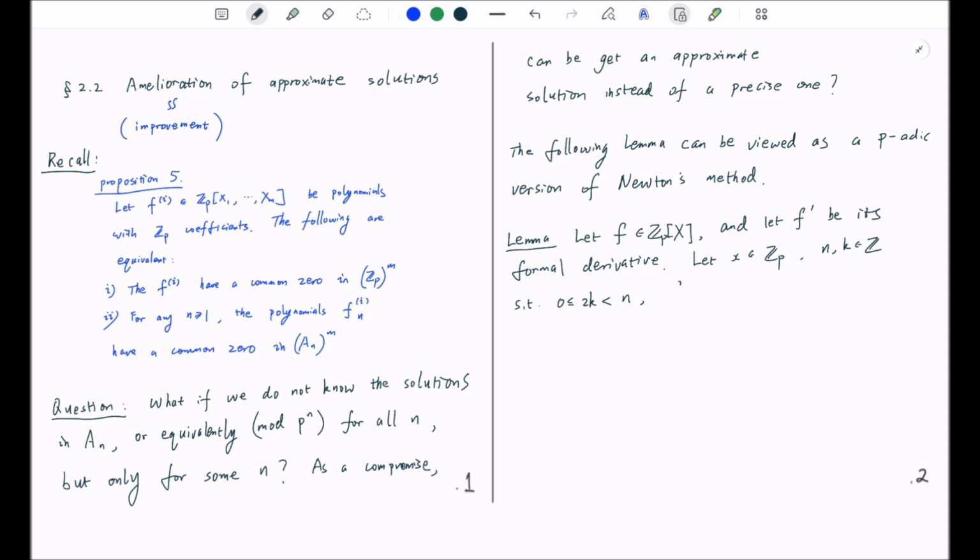and that f of x is congruent to 0 modulo p^n, and that the p-adic valuation of f prime of little x is equal to k.